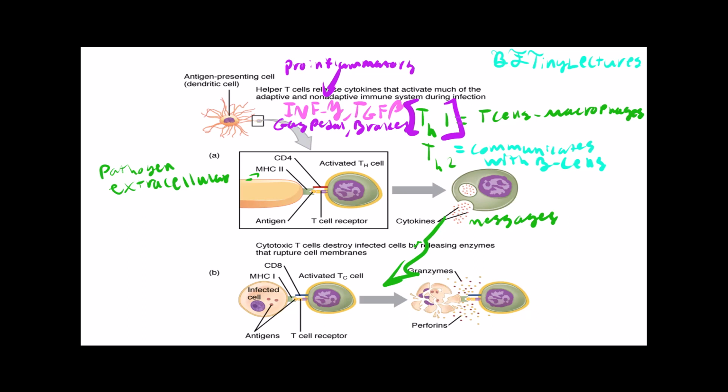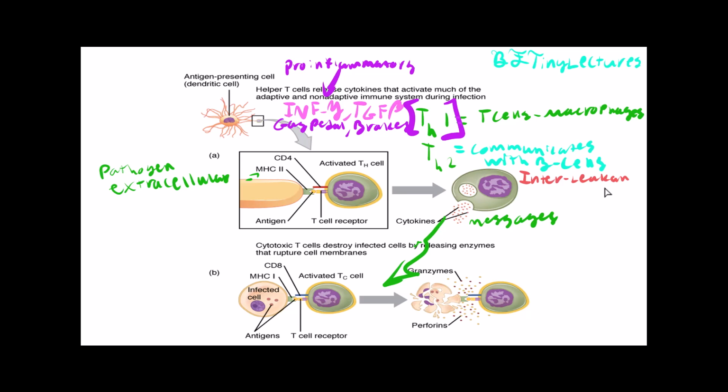But what about T helper 2 cells? What kind of cytokines do they make? Well, we make something called an interleukin. What is an interleukin? An interleukin means between white blood cells. So this is a message that is going to be used between white blood cells or between immune cells.